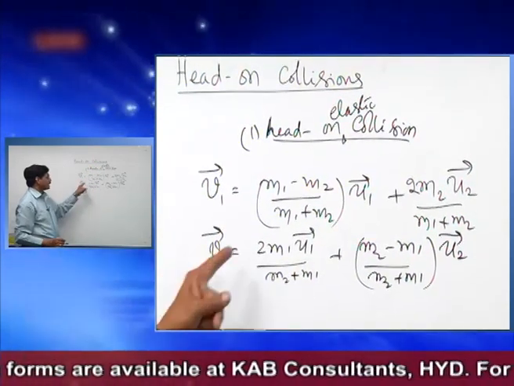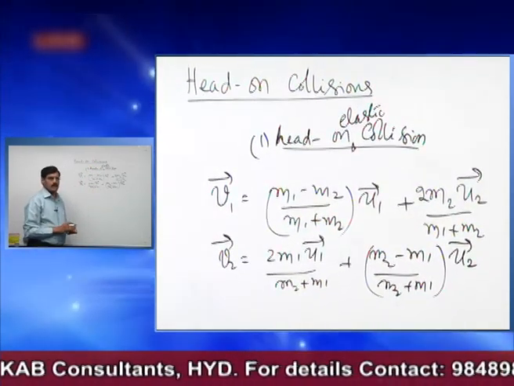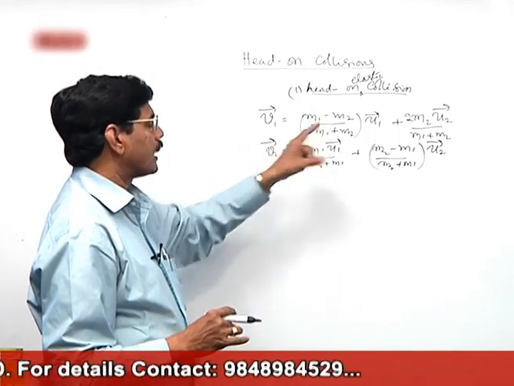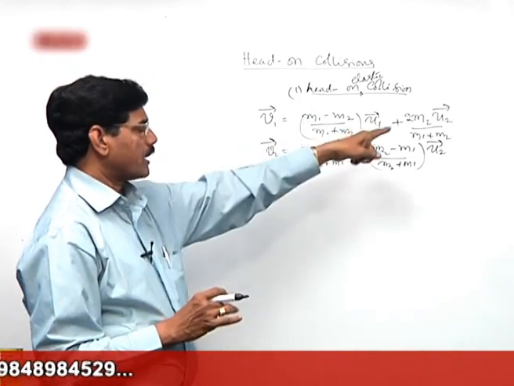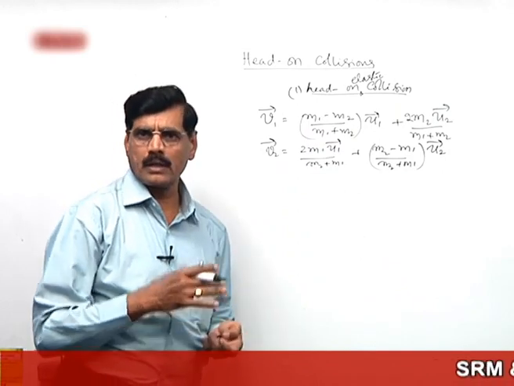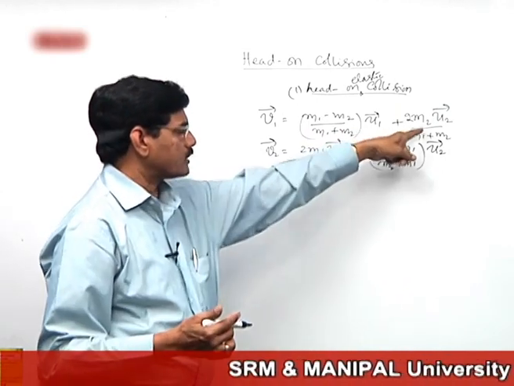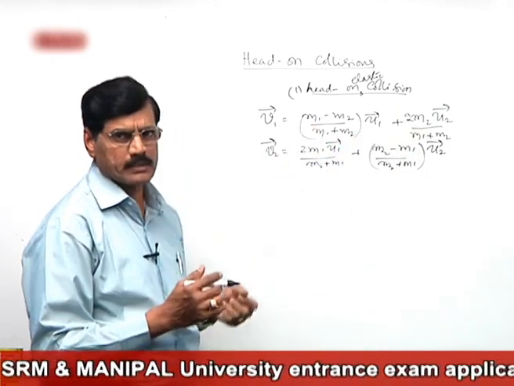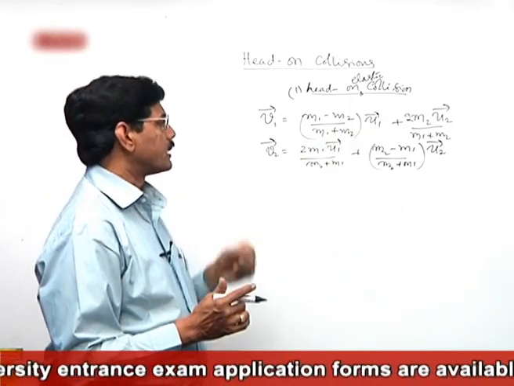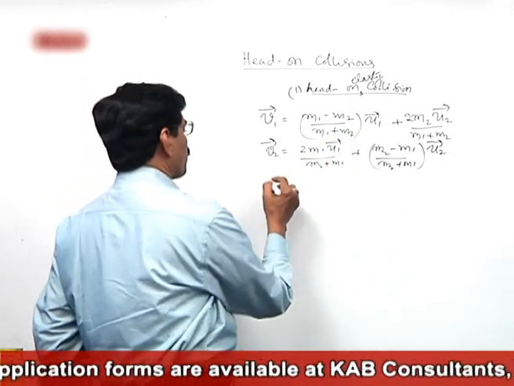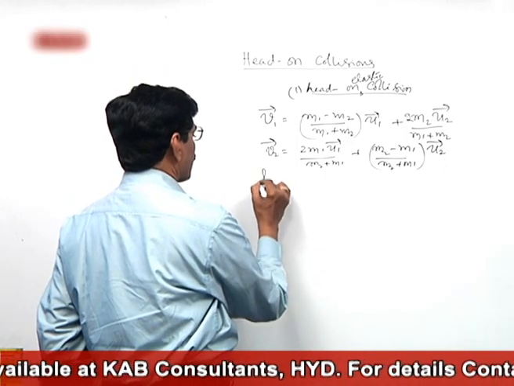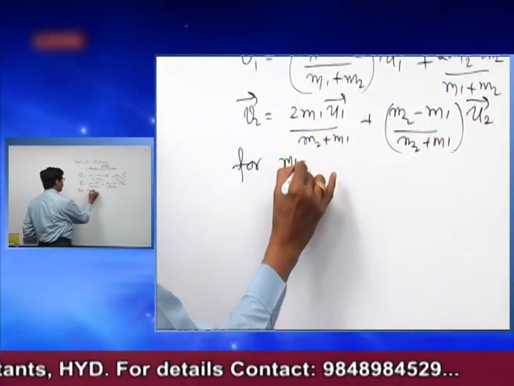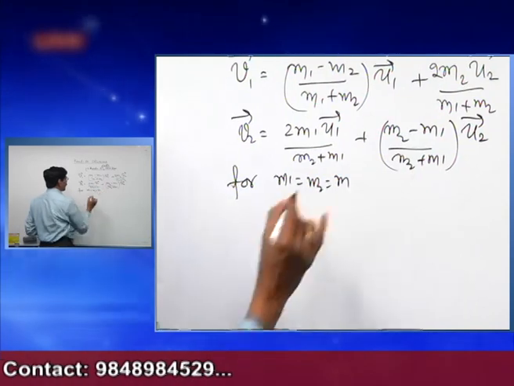So, in this case, there are various cases depending upon the relation between the masses, and depending upon whether one of them is at rest. The second body is called the target body, the first body is called the incident body. First case we consider is m1 equal to m2 equal to m.